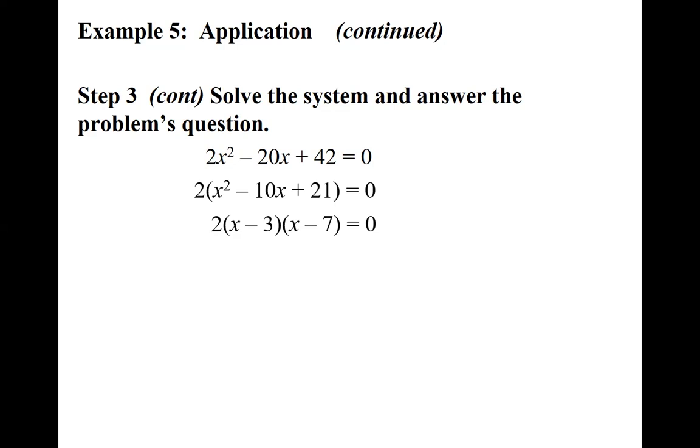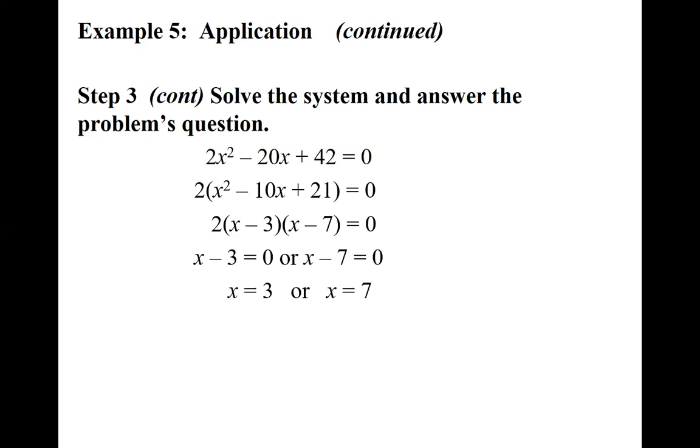Solving this, 2 equals 0. That's false. We throw that away. Or we can divide both sides by 2 and just make the 2 go away. Go away 2. You don't have an x, so we can't solve for you. x minus 3 equals 0, or x minus 7 equals 0, means that x equals 3, or x equals 7.